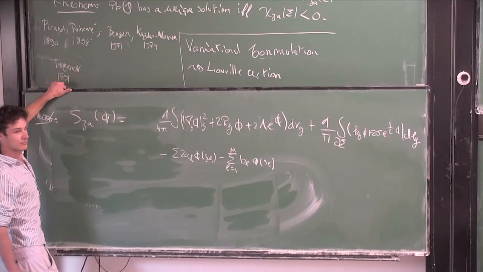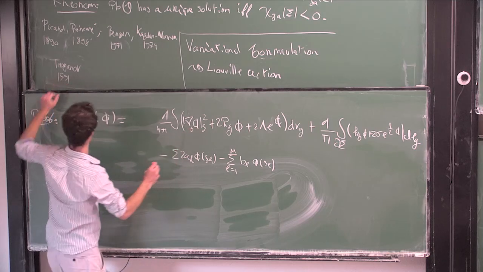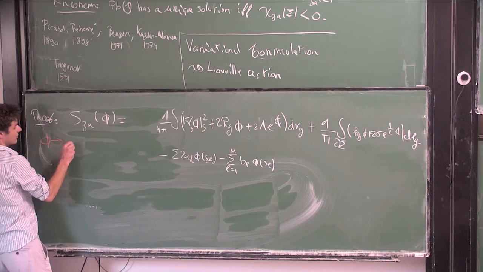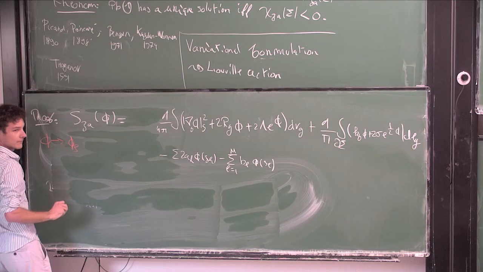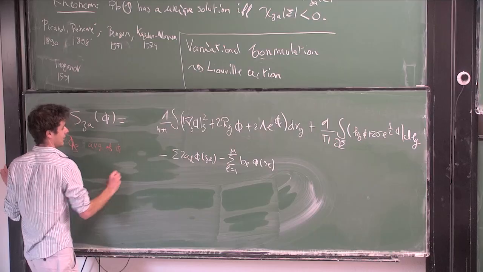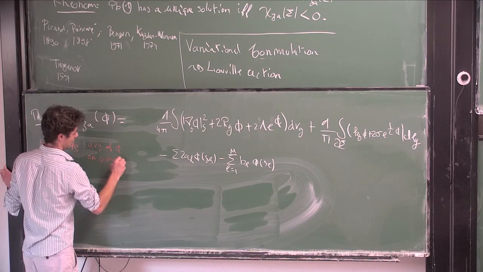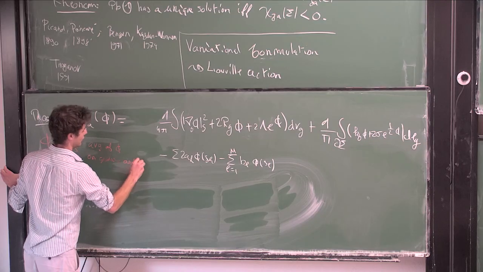But what you can do is to work with a regularization. Instead of working with phi, you regularize it: you change phi into phi_rho, which is the average of phi on geodesic circles, or semicircles if you're on the boundary.